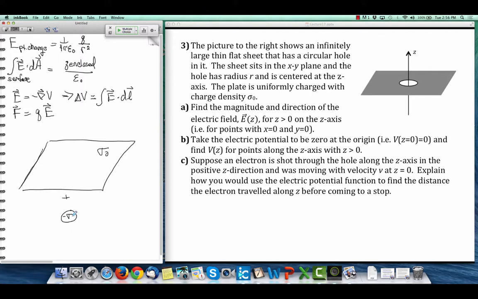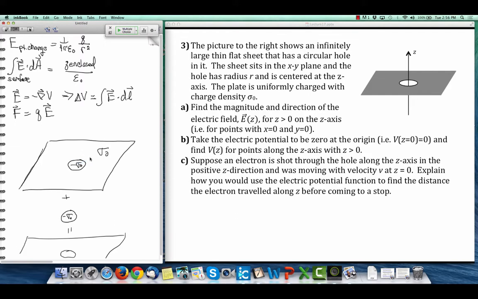The little hole is like a piece of negatively charged circle. And if you put those together, you end up with the infinite sheet and the negatively charged sigma 0 and positively charged sigma 0 at that circle right there cancel each other out. So that's the equivalent of a hole.